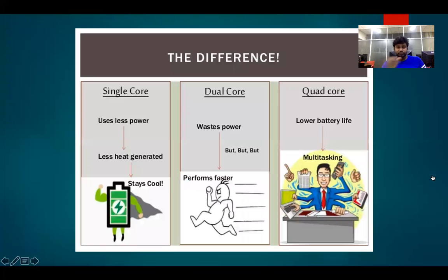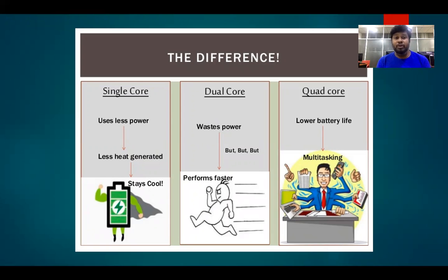Next, because today's topic is the processor, I just need to highlight some newly introduced terms. These are not actually recent, but we can call them recently introduced terms; they are still about 5 or 6 years old. What do you mean by this? Single core, dual core, and quad core.